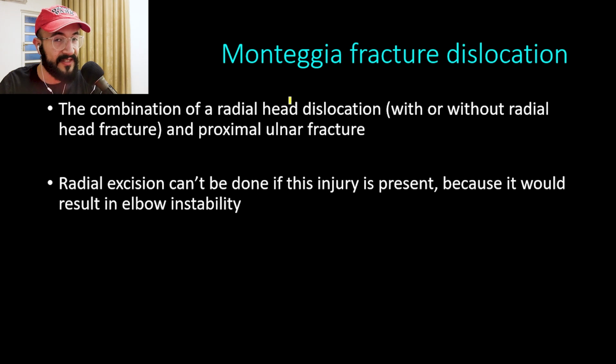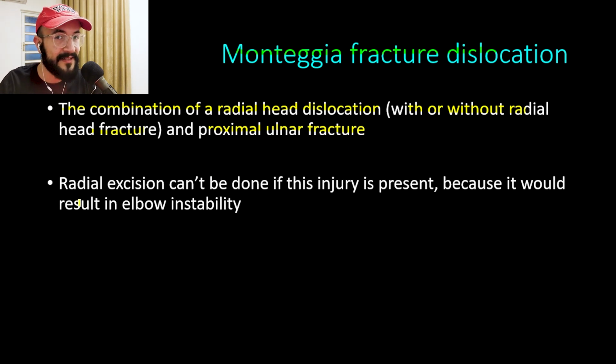Another associated injury is the Monteggia fracture dislocation. In Monteggia, we have a combination of a radial head dislocation, with or without radial head fracture, and a proximal ulnar fracture. So we have a problem in the proximal radius and we have a problem in the proximal ulna.